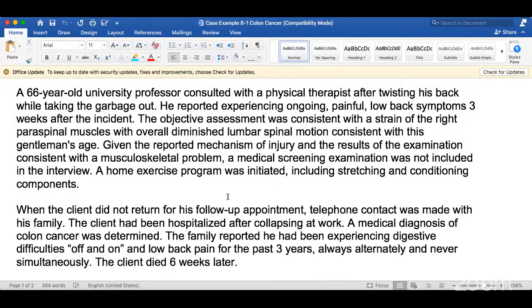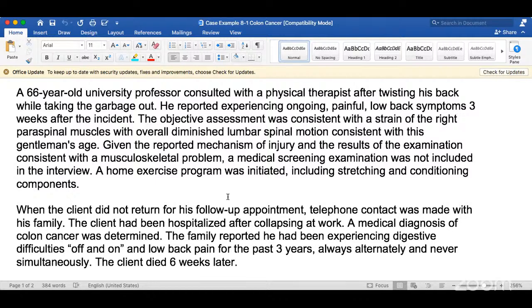And also, it was while trying to lift the garbage that he sustained that challenge to his back. Apart from the systemic problem contributing over a long period of time, there's also a musculoskeletal problem that added to the whole issue.